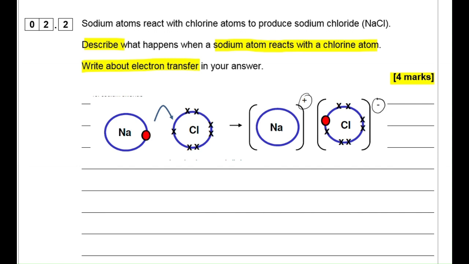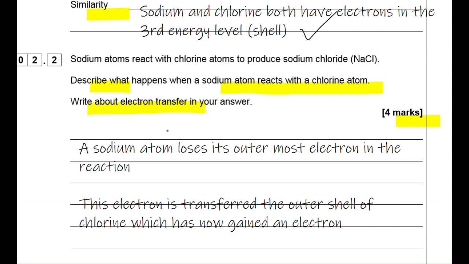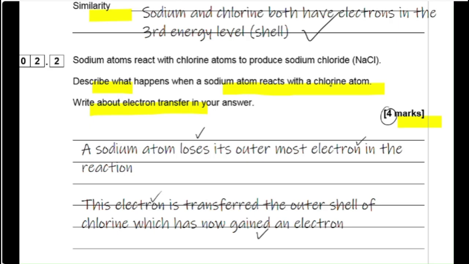So to get our marks, we must write a sodium atom loses its outermost electron in the reaction. This electron is transferred to the outer shell of the chlorine, which now has gained an electron. So we get 1 mark for saying sodium loses an electron, 1 mark for saying the electron is transferred, and 1 mark for saying the chlorine has gained an electron.